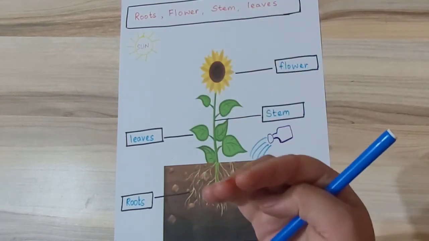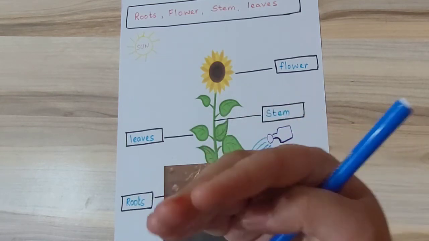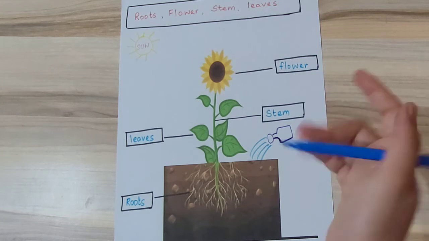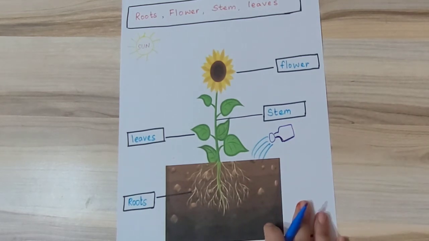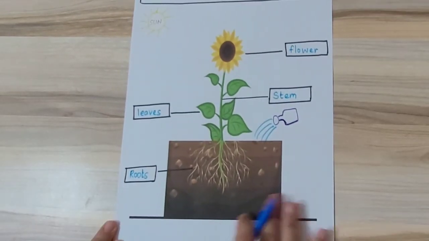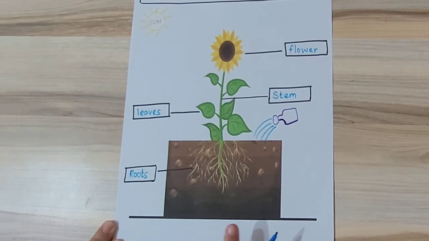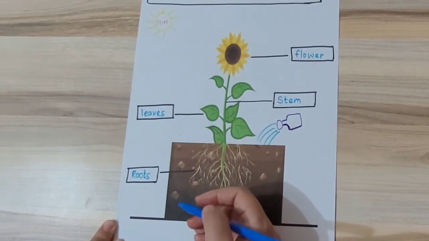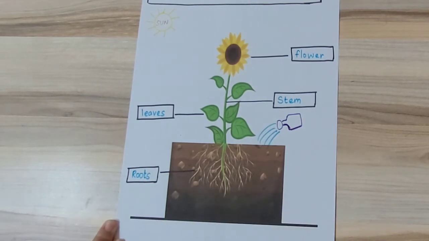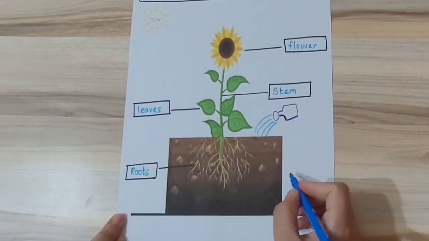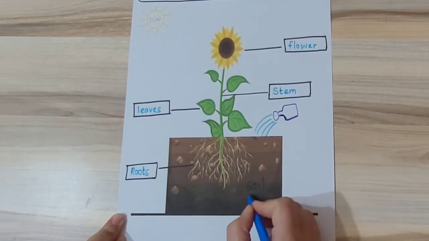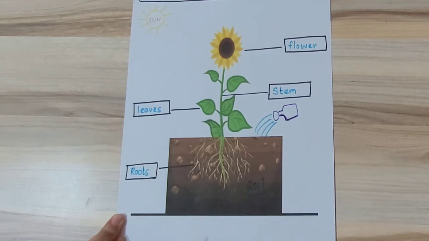Things which a plant requires in order to grow. Now let us see what they are. So the first thing which a plant requires to grow is soil.